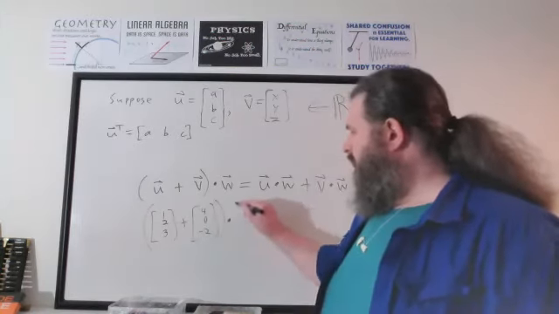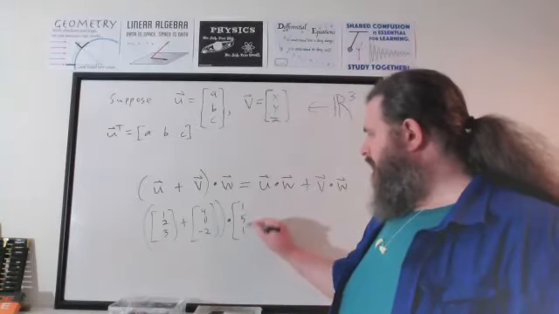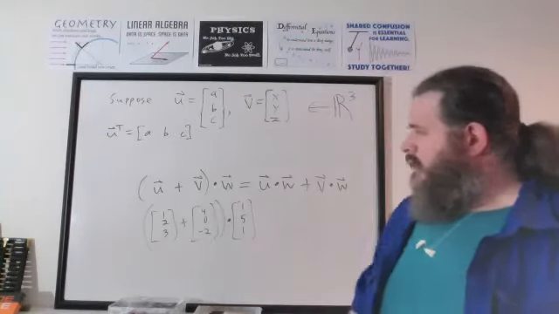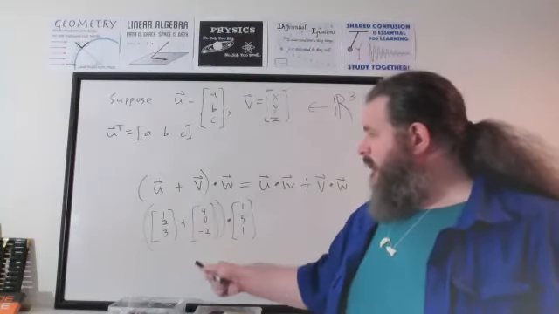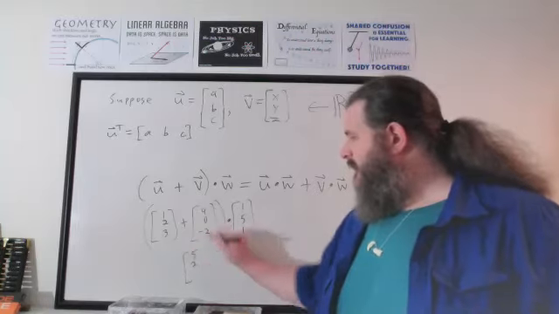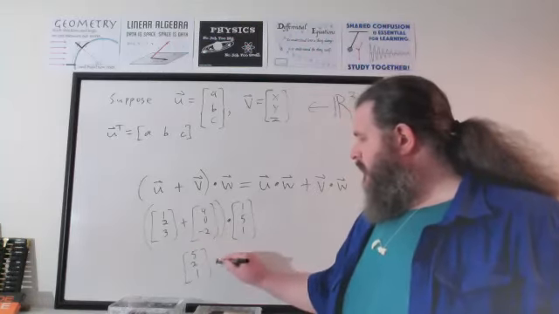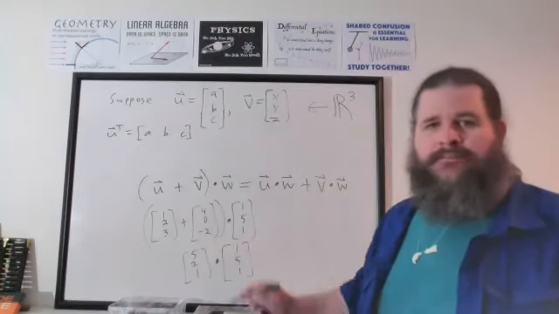And let's say W is another 3 by 1 vector, let's say 1, 5, 1. You can try working this out both ways. You could add the vectors together first, 1 plus 4, 2 plus 0, 3 plus negative 2, and then take the dot product of that with 1, 5, 1.